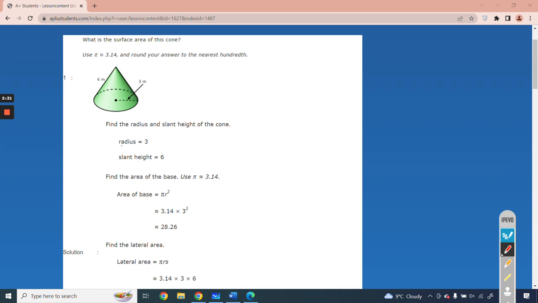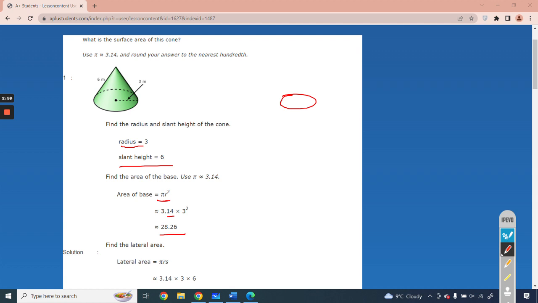First of all you have to find the area of the base. The circular portion is the base of the cone. So it would be A equals pi r square, because it is a circular shape. We know that pi equals 3.14 and r is 3, so it would be 3.14 times 3 square. That would be 28.26. Got it?